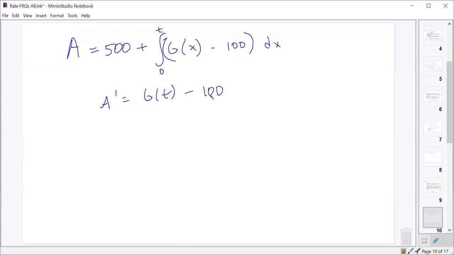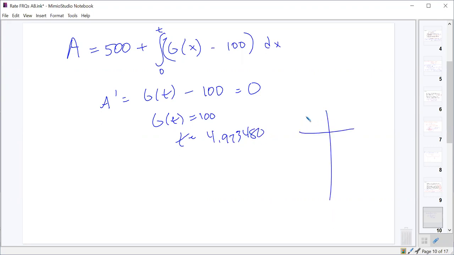And we want to know when is the derivative equal to 0. So when is G of t equal to 100? Well, that happens when t is 4.923480. And then just like the last problem, we'll make a chart of t values and A values using our endpoints and our critical values.